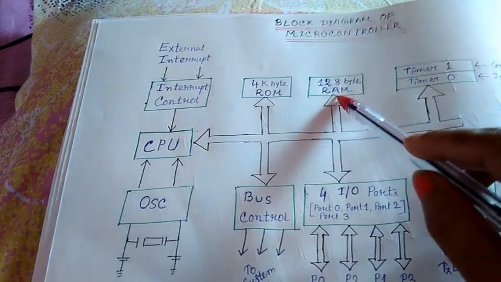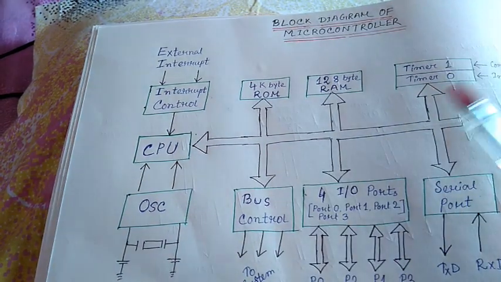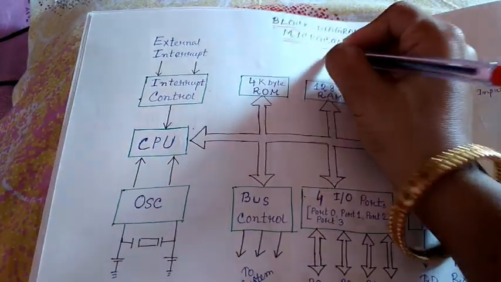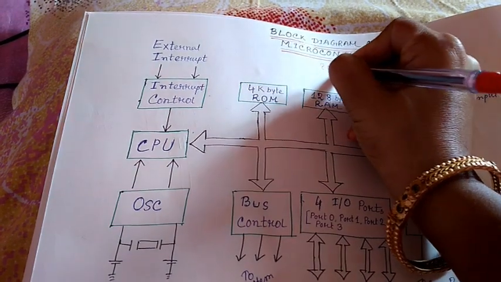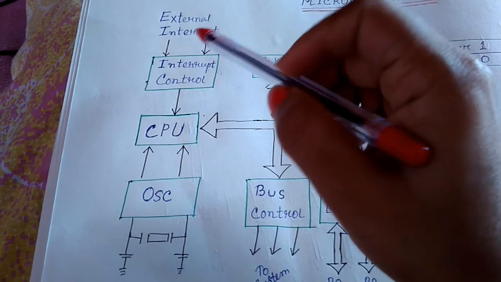Now you can see each and every part, that means the position of each part of the defined 8051 microcontroller IC.